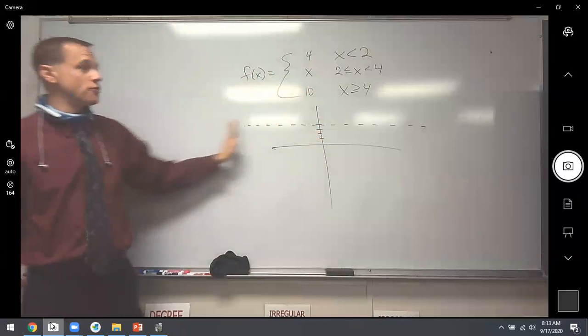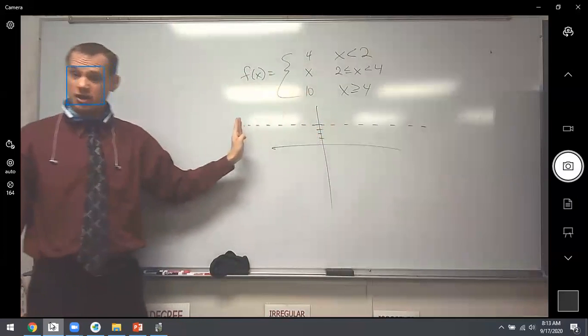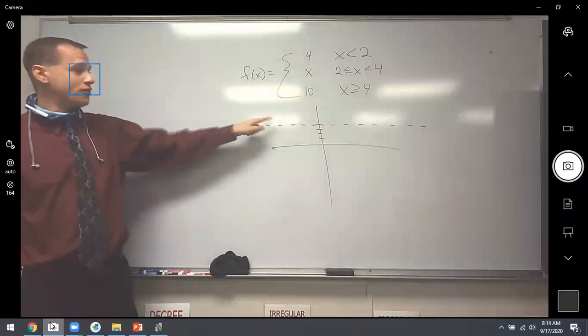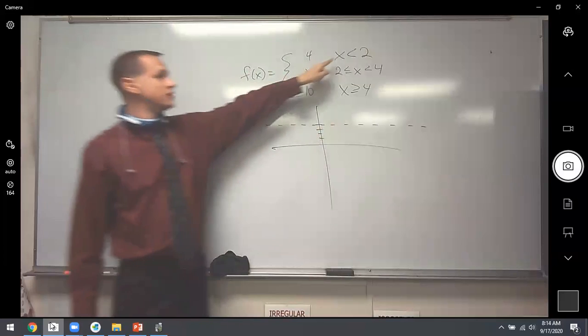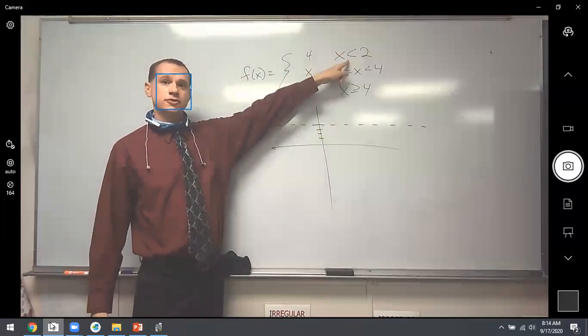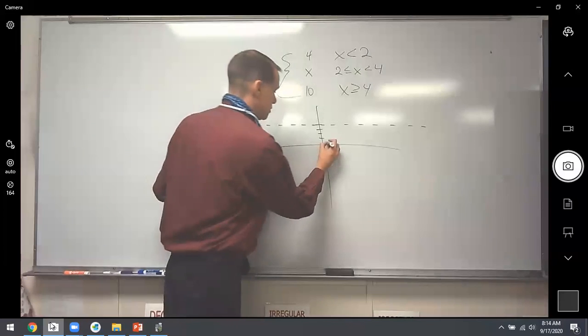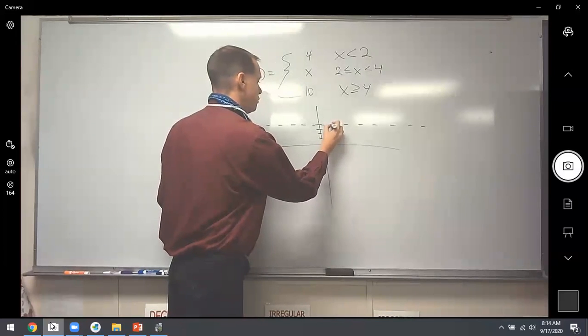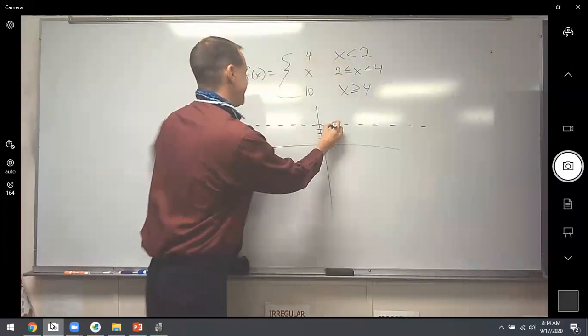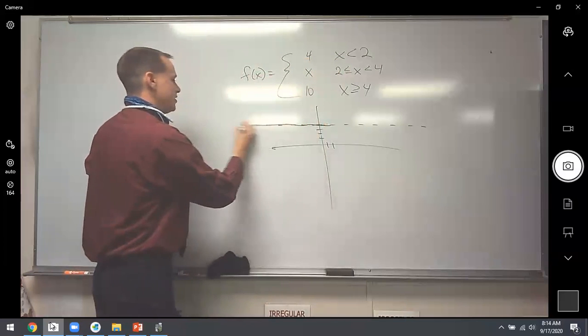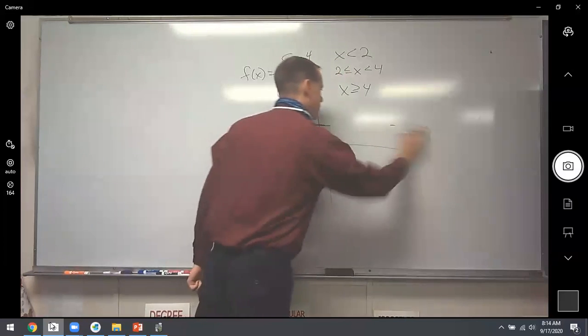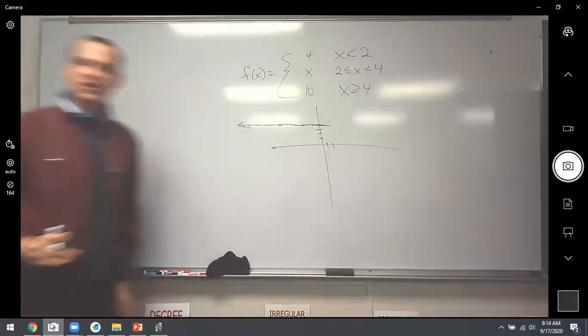Now, of course, you don't want to draw the whole thing. I'm just drawing that as your starting point. You only want this thing to be drawn for x's that are less than 2. So you go to where 2 is, and you're only going to have the part where x is less than 2. So this part right here is what I'm going to draw. The rest of this, I was just doing to get a feel for it.